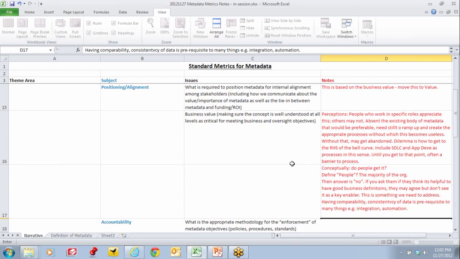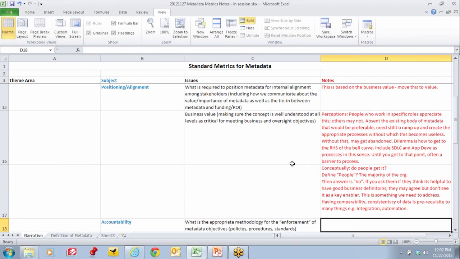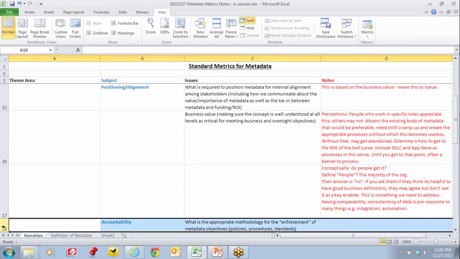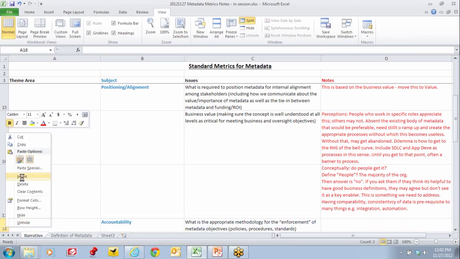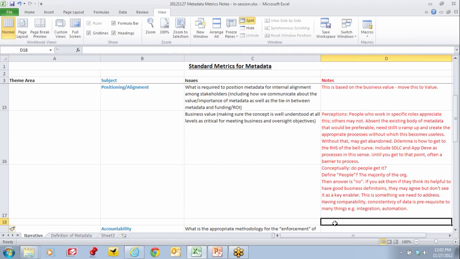Sheila, how about just conceptually? Do people understand conceptually the importance of metadata definitions, ontologies, terms, consistency, etc.? When you say people, do you mean the majority of the corporation in general, or specific populations, Mike? Well, that's a good question.